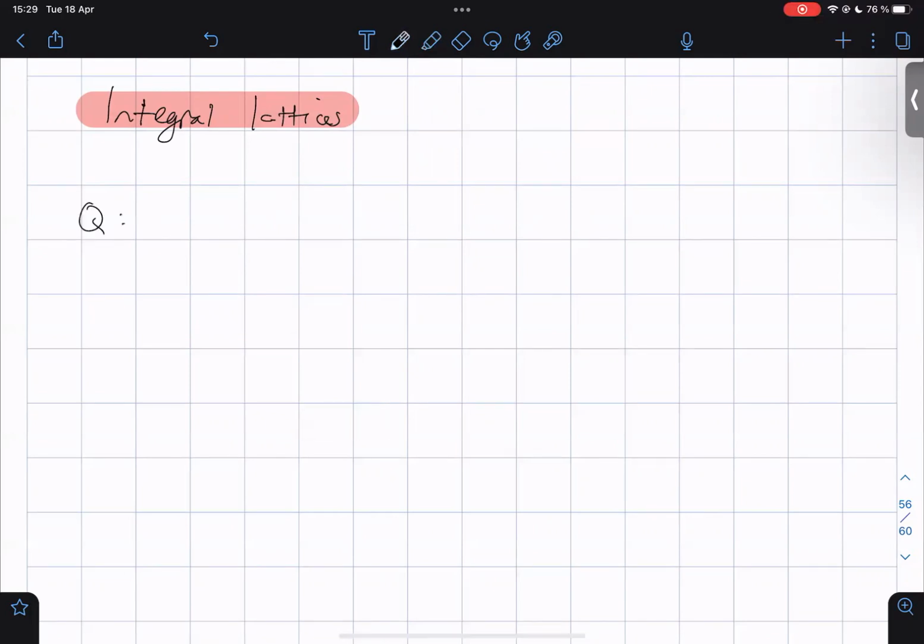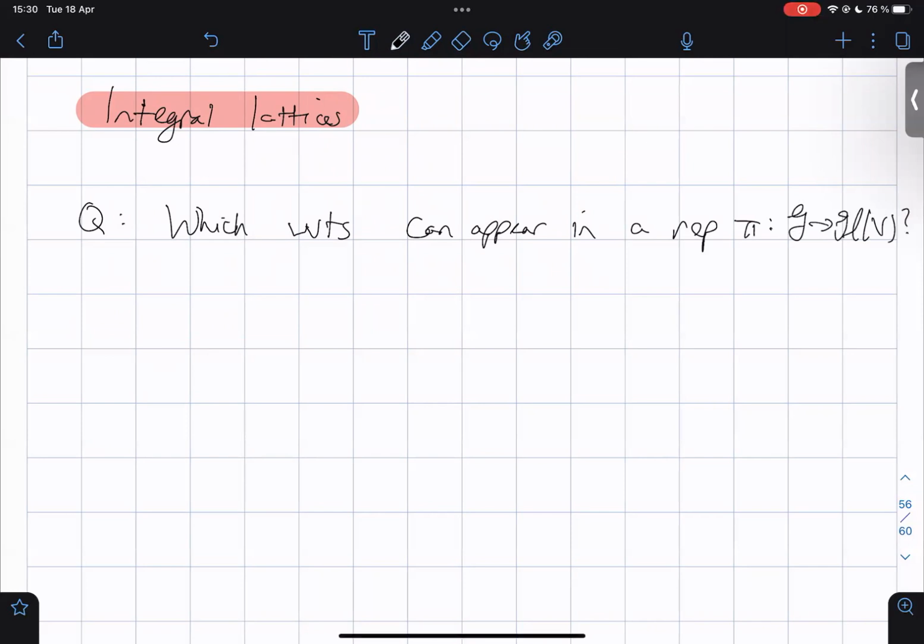So, question. Which weights can appear in a representation? Always be working with G being SL3 or SLN at this point, semi-simple in general. So suppose V mu is a weight space.